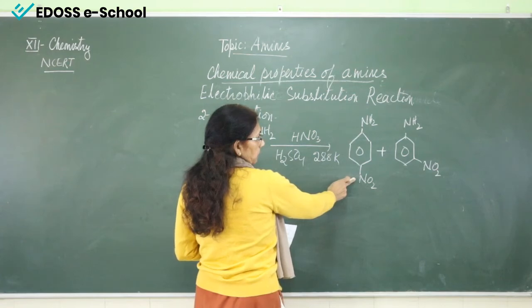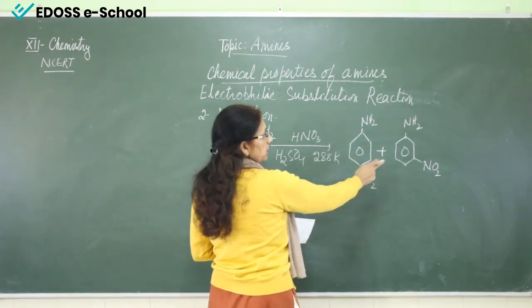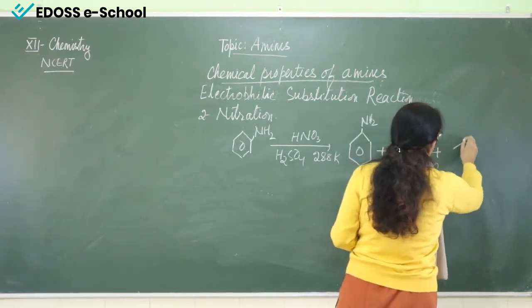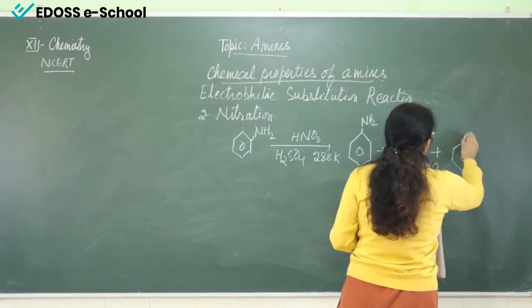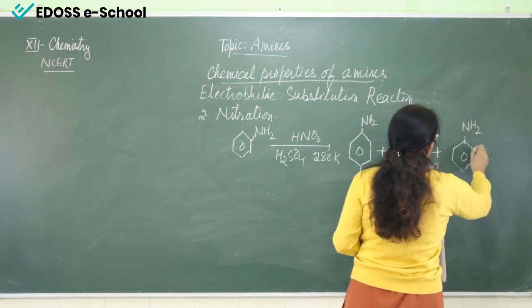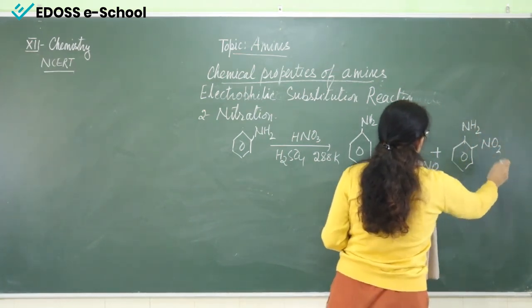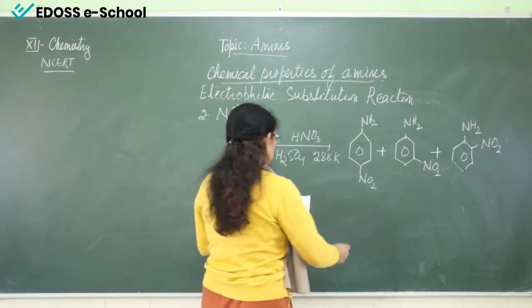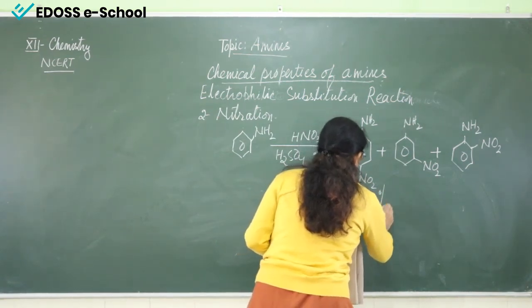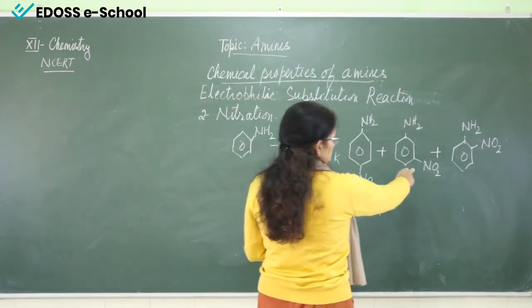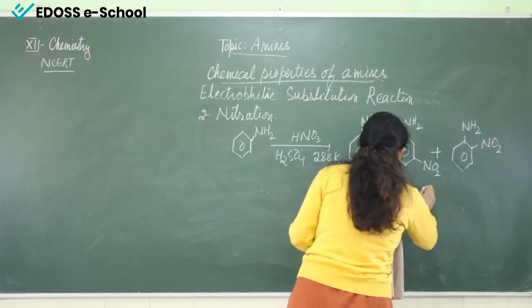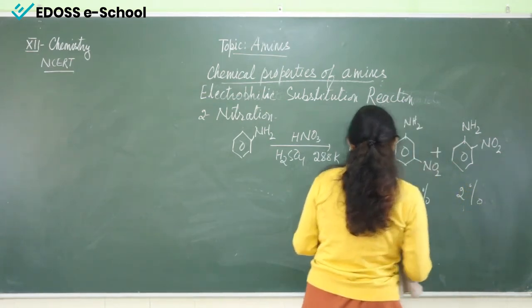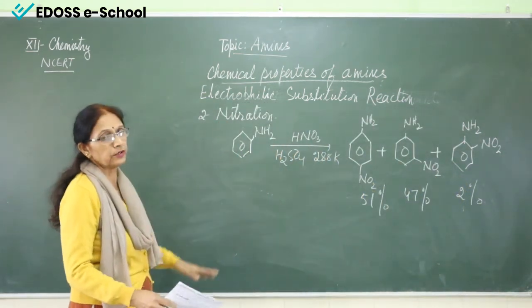So para nitro aniline, meta nitro aniline and ortho nitro aniline. These are the mixture we are getting here on nitration. So this is 51% para, meta is 47% and ortho is just 2%.